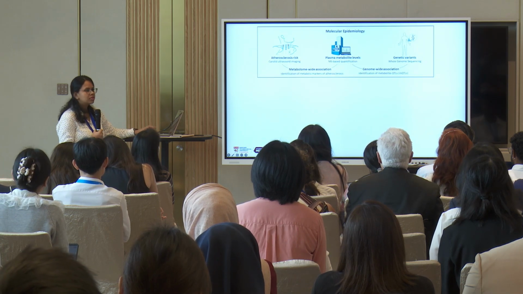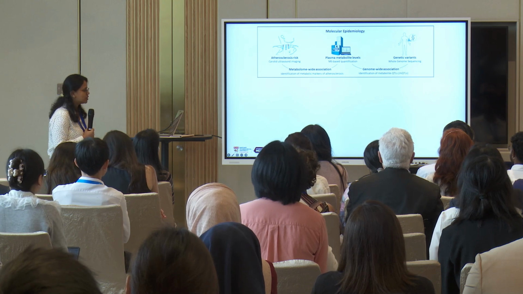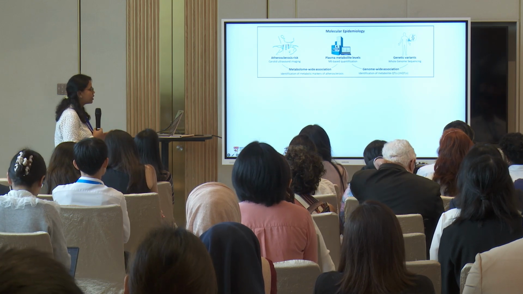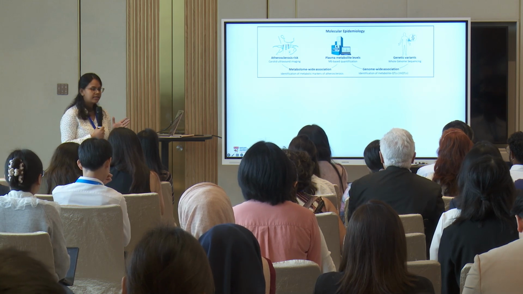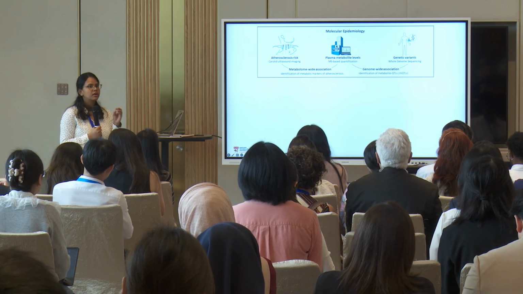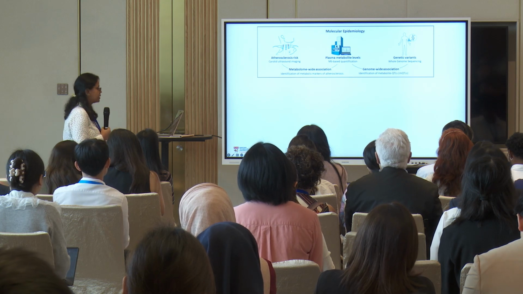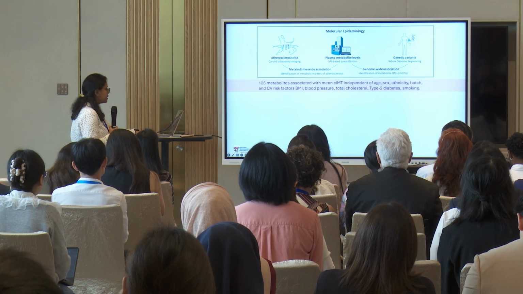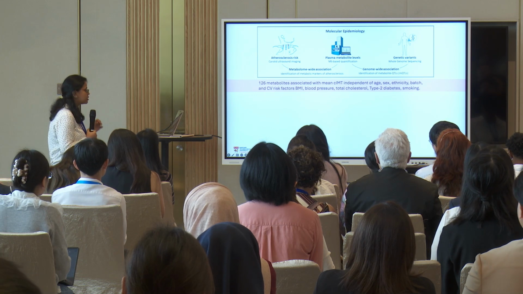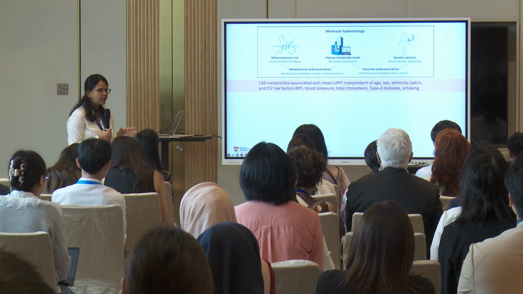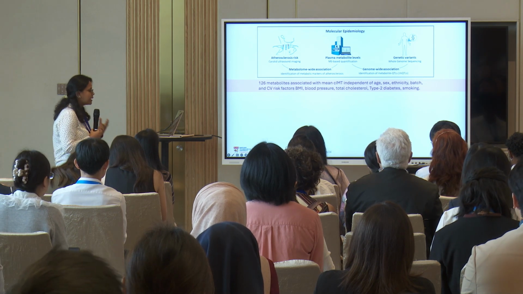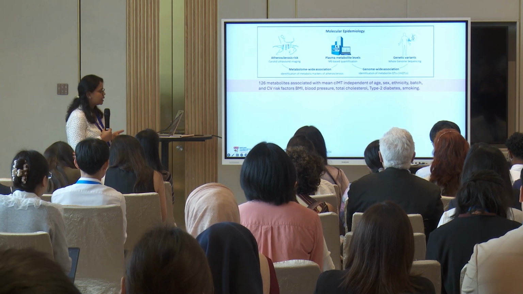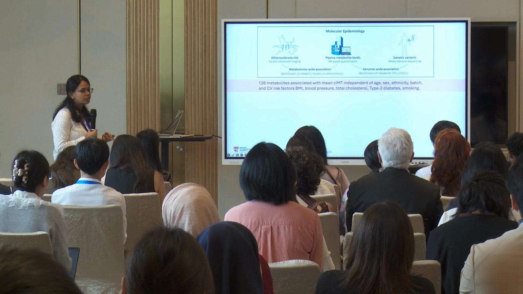So now coming to the analysis of this study. We performed a metabolome-wide association analysis for all of these 883 metabolites with carotid intima media thickness. We identified 126 metabolites associated with this marker, CIMT, independent of age, sex, ethnicity, and cardiovascular risk factors such as BMI, blood pressure, cholesterol, type 2 diabetes, and smoking.